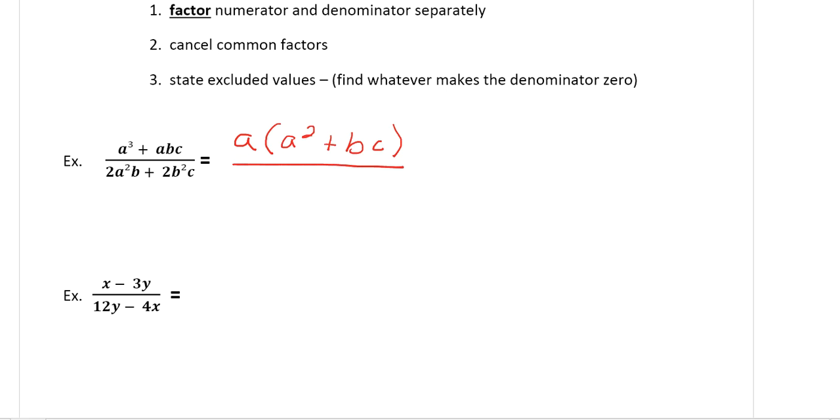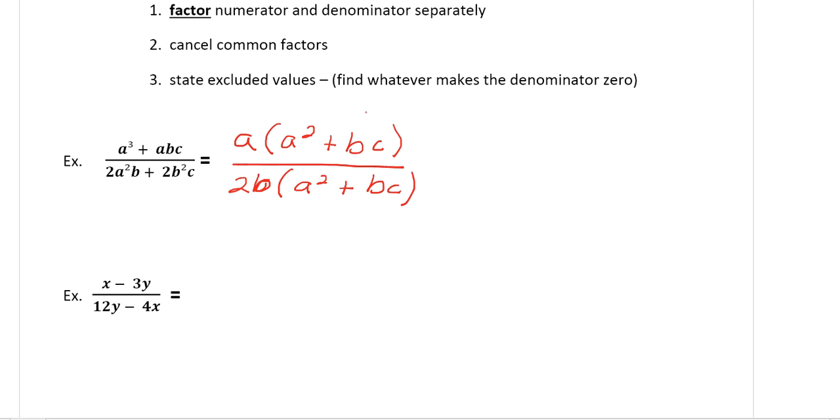Factoring the denominator, these terms share a 2, and they also share a b. Factoring out a 2b from both of those, we are left with a squared plus bc.